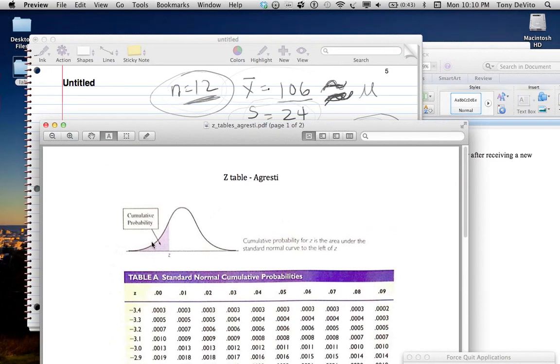So a z-score that would make the left tail 2.5% is the same thing as a z-score on the other end that would leave 2.5% in the tail on the other side. So the total error you could have is 2.5% here and 2.5% here.